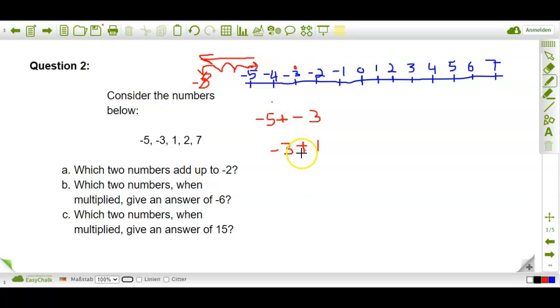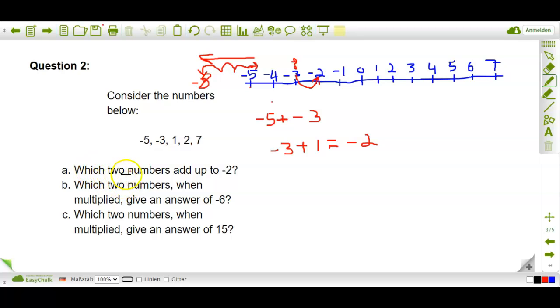The second part is positive, so we have to move to the right. Then the third part is 1, so we have to move 1 place to the right. So that gives us -2. So -3 plus 1 is -2. So that's our answer there.